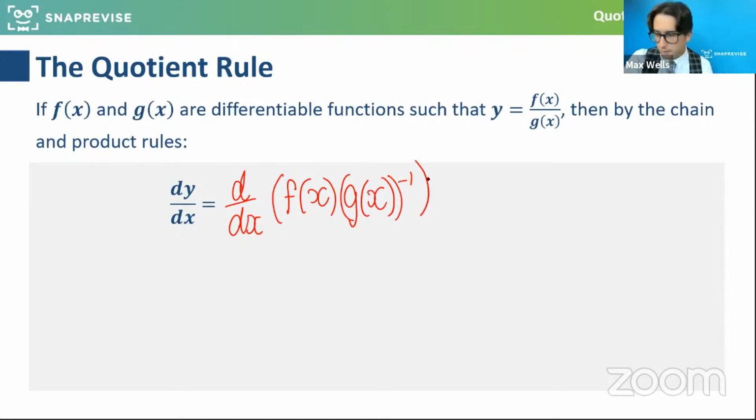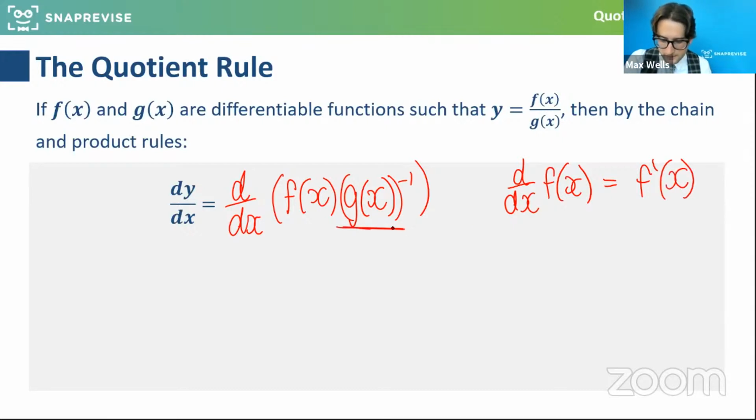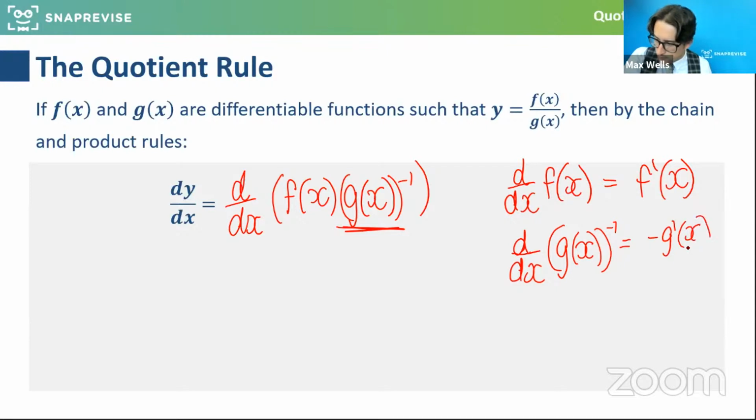That's what's been quite nasty to do, because the derivative of g of x to the minus 1 is a chain. So that comes out as minus g dash x over g of x squared. And that's where it starts getting a little bit complicated.